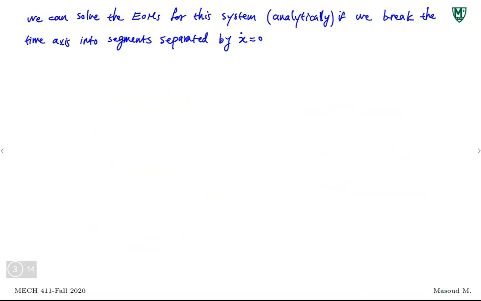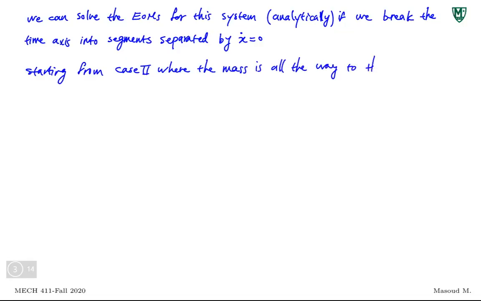So starting from case 2, where the mass is all the way to the right and about to move towards the left, and go all the way on this side, going in this direction.